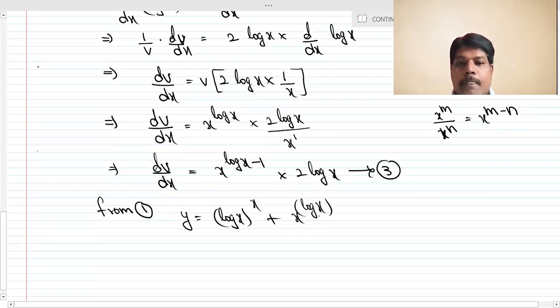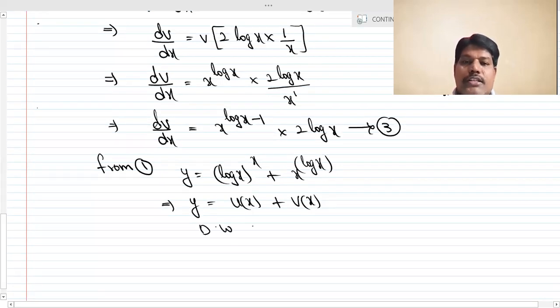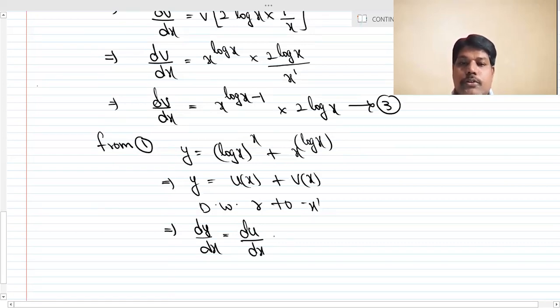So here what I will do: already you know that y is equal to, this is the u of x and this is the v of x. So differentiate with respect to x, what happens, students? That implies dy by dx is equal to derivative of u plus derivative of v.